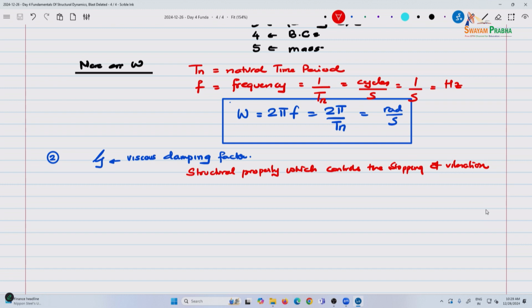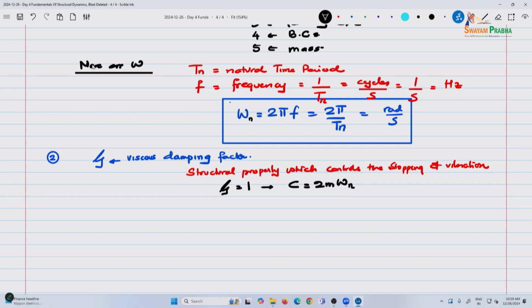So, given those two, wait, let me add a little bit more on dampers before I go to the next one. If xi is equal to 1, this results in C equal to 2m omega n, we'll call this omega n, natural.